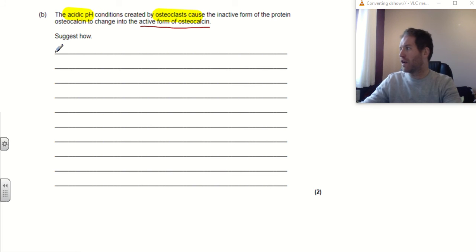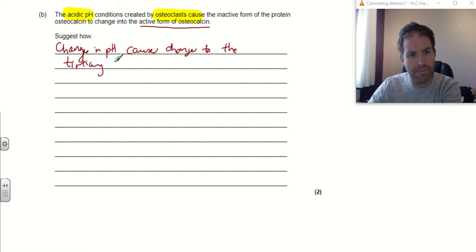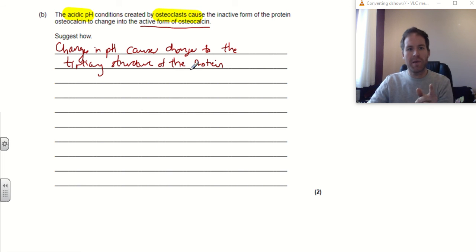So we go back to our understanding of proteins and say that changes in pH cause changes to the tertiary structure of the protein.